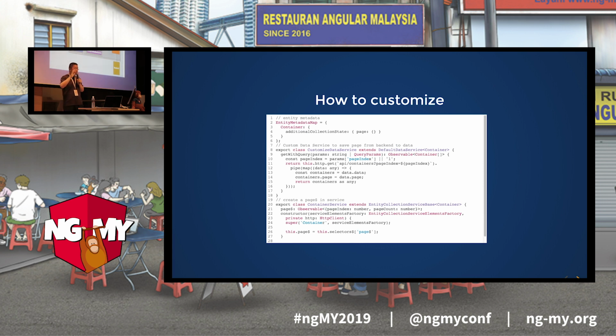So you can customize what to save and how to save it from the response to the action payload. We just need to provide our own implementation of this persistence result handler and save not only the container state, but also the pagination data to the action payload. And then we have a query success action with the correct information.